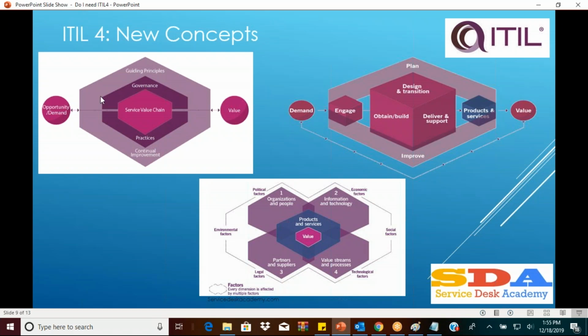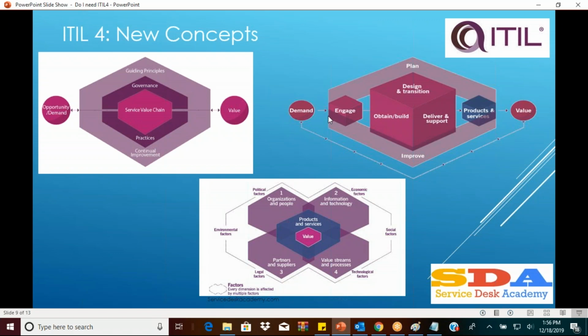So you've got 7 guiding principles which will tell an organization how they have to implement practices and how they have to manage services in their organizations, right? And with the help of governance, ITIL is going to provide guidance on how you're going to evaluate and how you're going to monitor the IT organization.